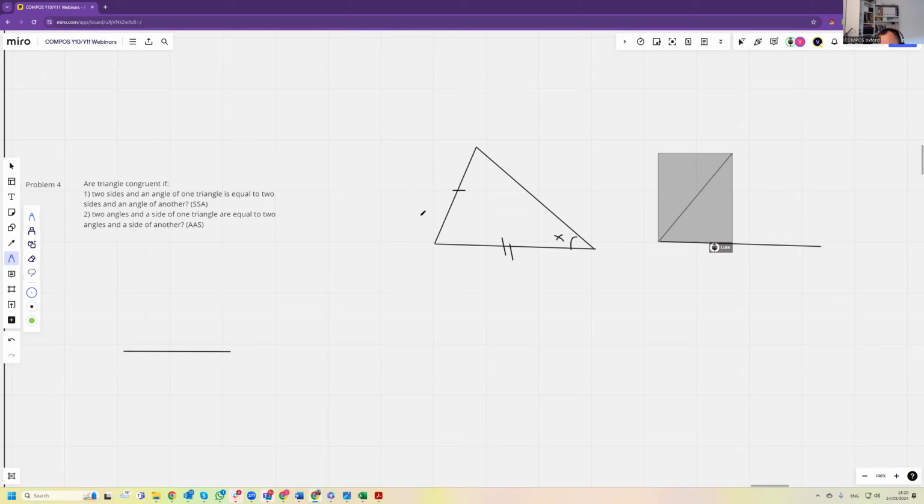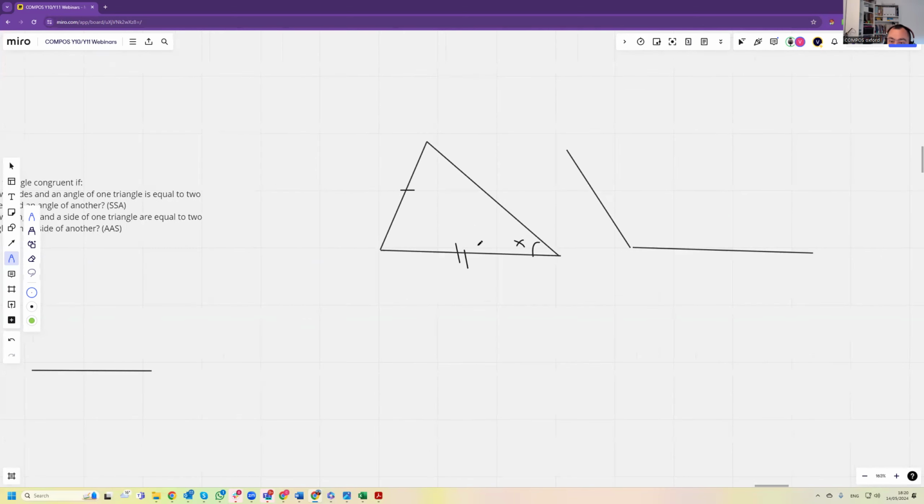And the other one would be, yes, very good. Yeah, absolutely. So you have side, side, and the same angle. So they have two equal sides. They're clearly two different triangles.